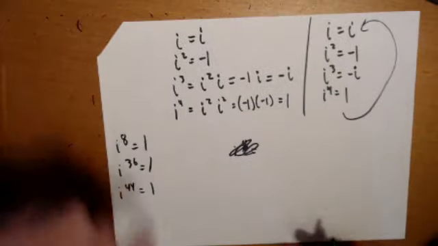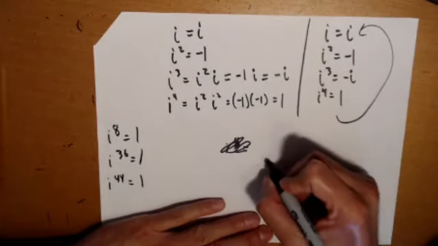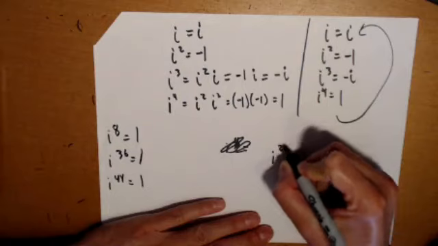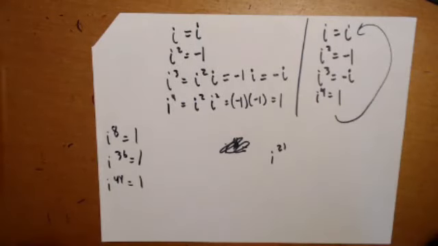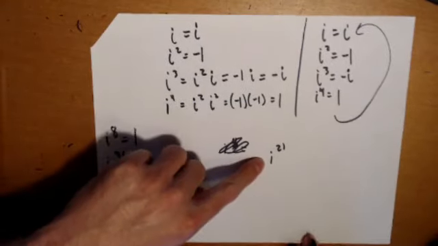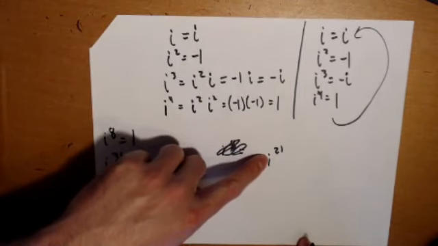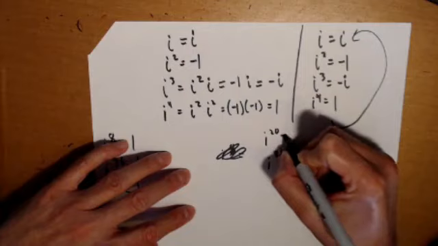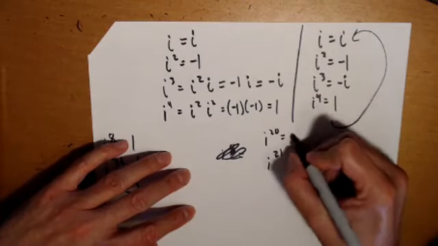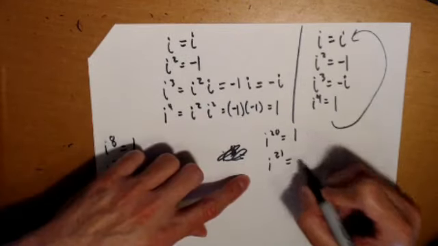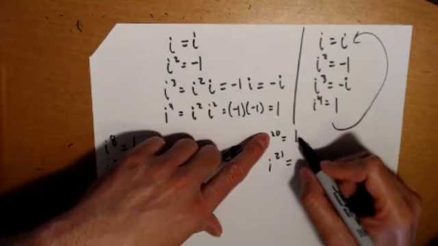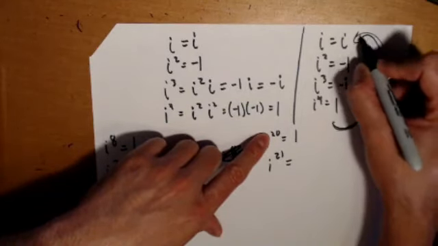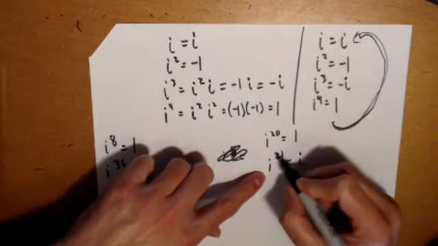Okay. Well, what if 4 doesn't go into it? Well, then there's a pattern. So pick something random, like i to the 21. I usually try and find something near 21 that 4 goes into. So what's i to the 20? 4 goes into 20, so that's a 1. Then what happens after 1? The pattern repeats, so the answer must be i.